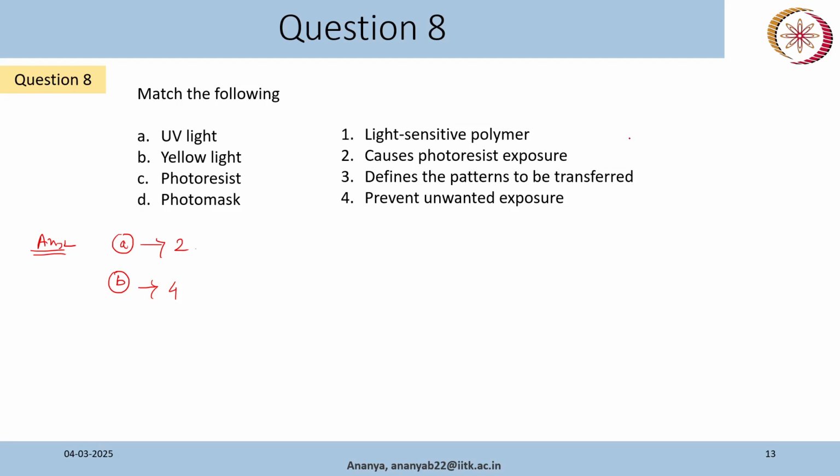The visible range is 400 to 700 nanometers, and the lower wavelength range also affects the properties of photoresist. That is why we don't use white light in a litho room. We don't want any unwanted exposure due to white light sources, so we use yellow light in a litho room.